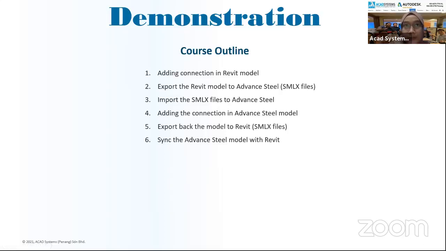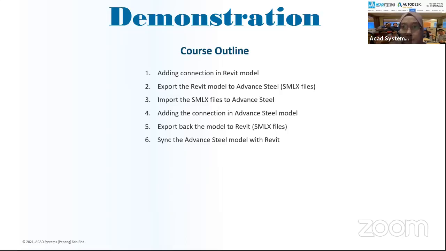The initial model was created in Revit, we export it into Advanced Steel, and we add some changes and connections there. After that, we synchronize between Advanced Steel and Revit so that all the changes we've made in Advanced Steel will also be updated in Revit.